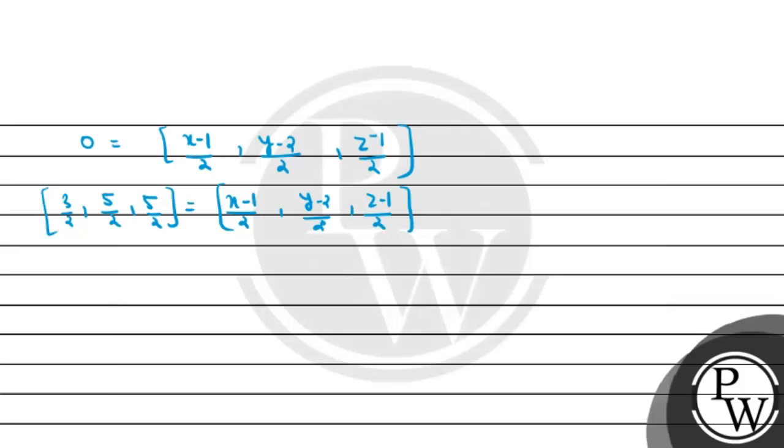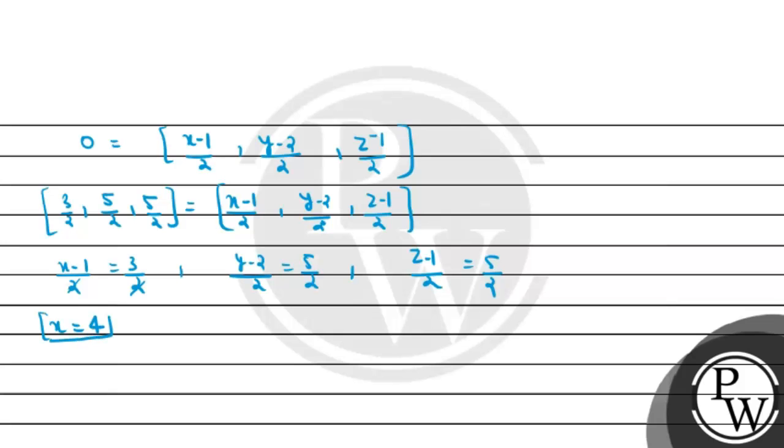After comparing the coordinates, (x minus 1) upon 2 is equal to 3 by 2, (y minus 2) upon 2 is equal to 5 by 2, and (z minus 1) upon 2 is equal to 5 by 2. The 2 cancels with 2, so the value of x will be 4.